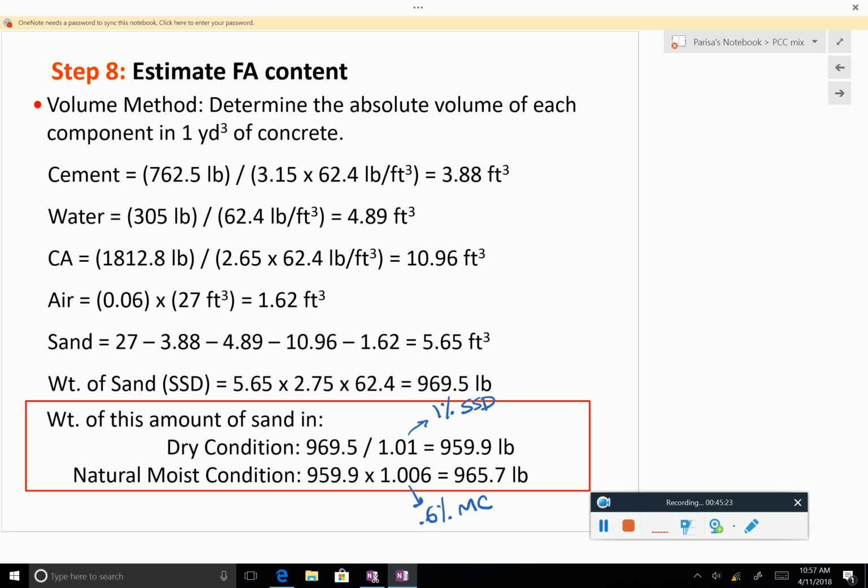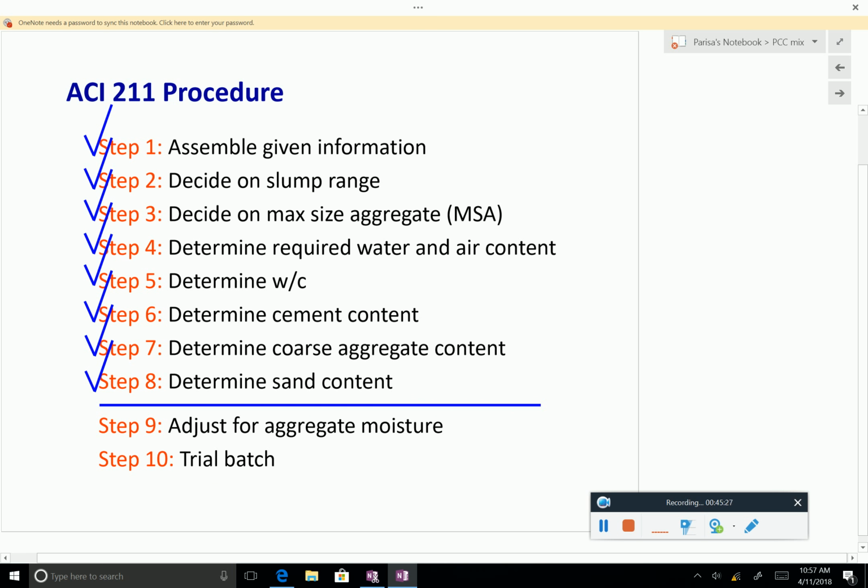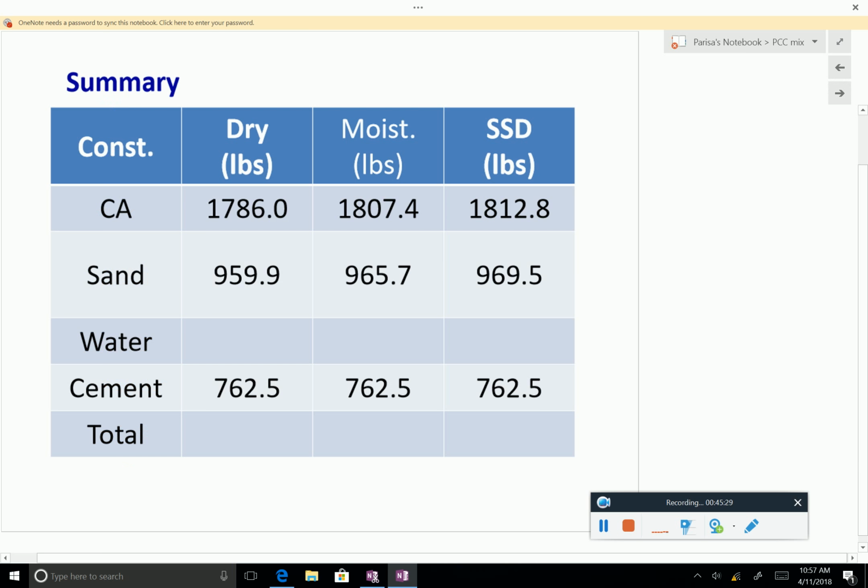Has everyone written down what you need to write down? Because we need to go through this last stage, and this is adjusting for different levels of moisture. So remember that now you set up a table like that. The water that you have is for SSD condition.